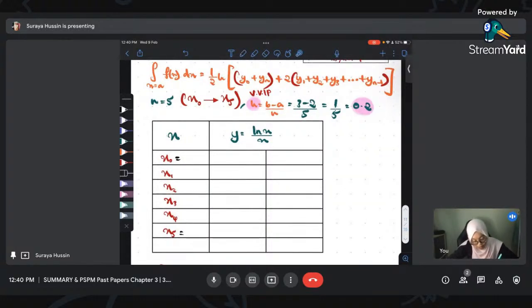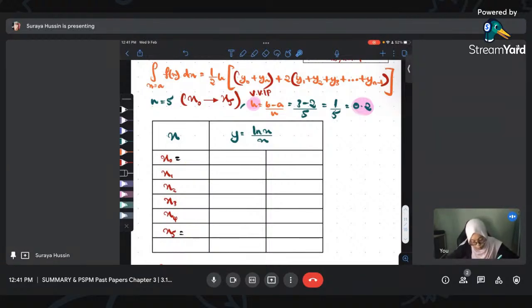yang pertama ni dengan yang paling hujung adalah your A and your B. Which is your A is number 2. Make sure this is 2 and make sure penghujung dia 3. According to the question, ikut soalan. Soalan kata integral from 2 to 3. Therefore, you must start with 2 to 3.